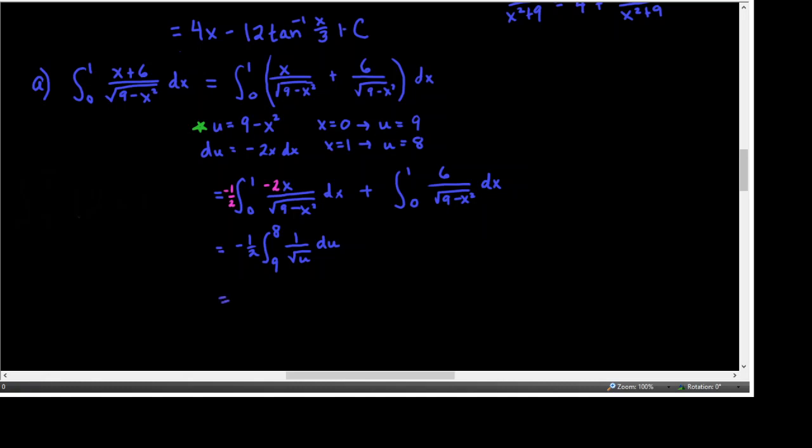Okay. Then to do this integration, I'm going to rewrite that radical as a power, and since it's in the denominator as well, that's going to become u to the negative 1/2 du.